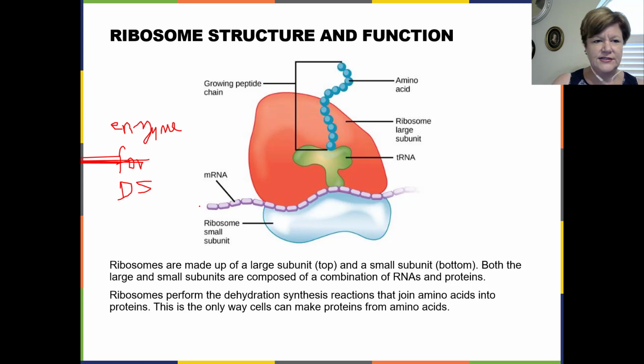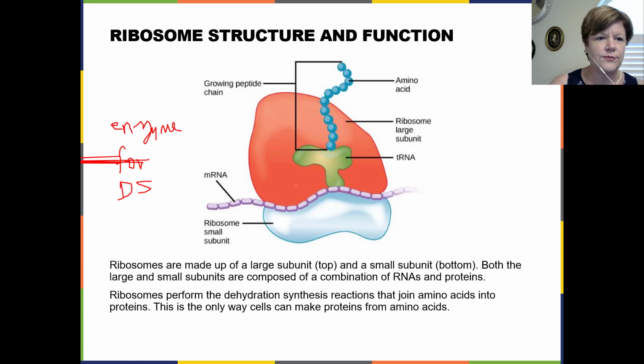So you have amino acids, you guys remember, the amino group of one amino acid and the carboxyl group of the next amino acid interact to form a water molecule, and that connects those 2 amino acids with a peptide bond. And that happens again and again and again, so that in the end you end up with this long chain of amino acids. And so the enzyme for that particular dehydration synthesis is part of the ribosome.